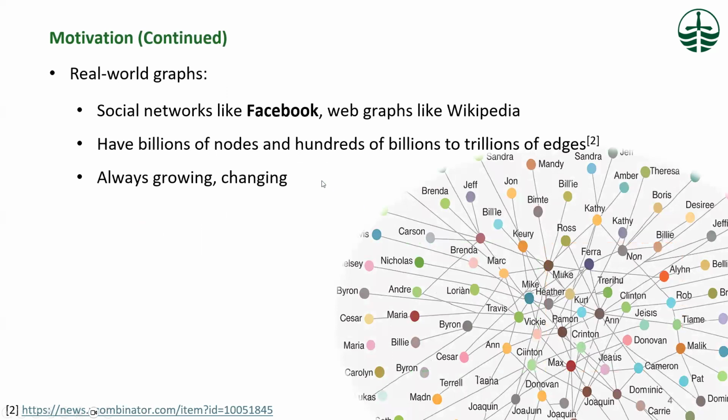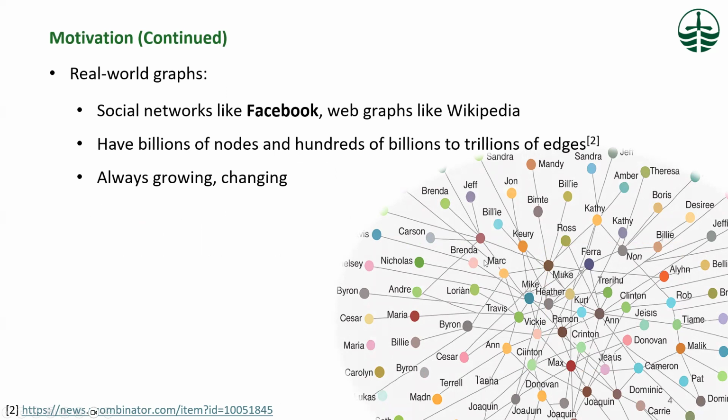For example, Facebook has in practice 3 billion users, and also has connections between these users like friendships, likes, follows, and many more things. That can end up with hundreds of billions or even a trillion edges in this social graph.